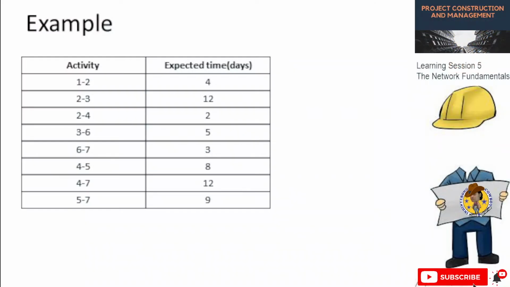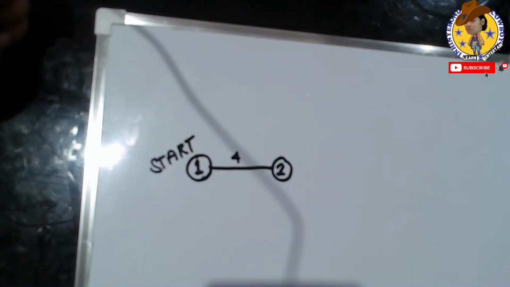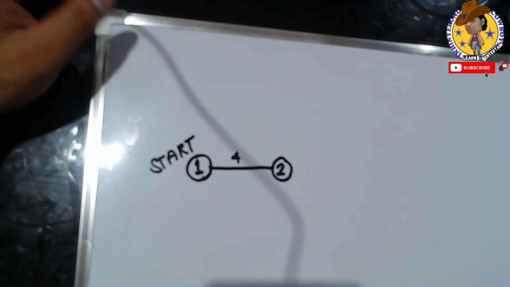Next, we have activity 2 to 3 and 2 to 4. After node 2, we have two activities, 2 to 3 and 2 to 4, 12 and 2.